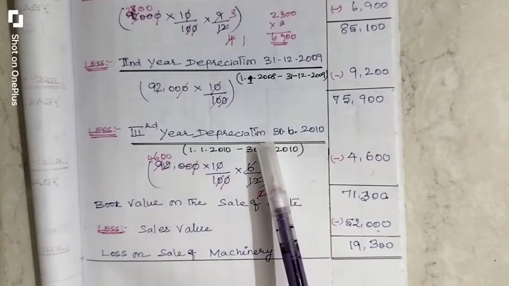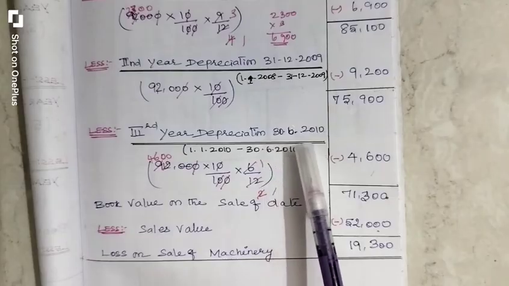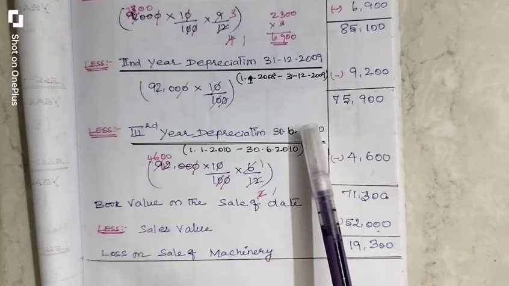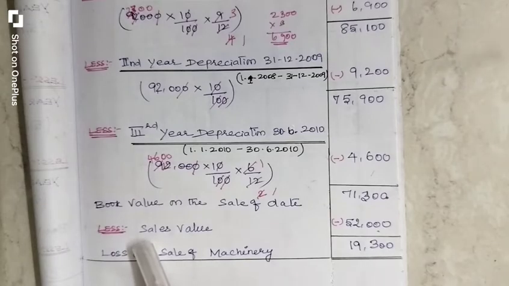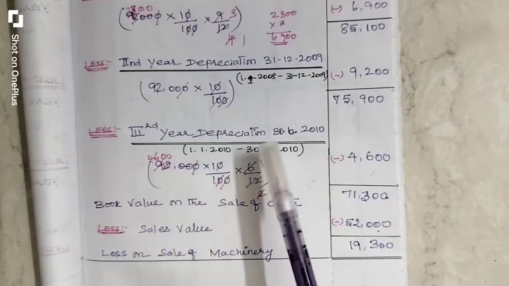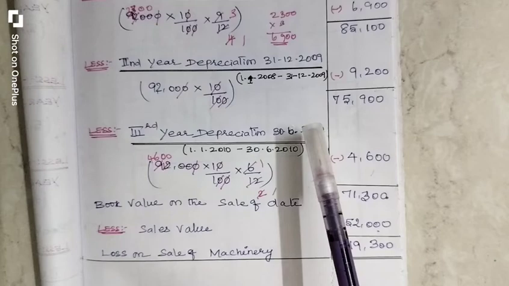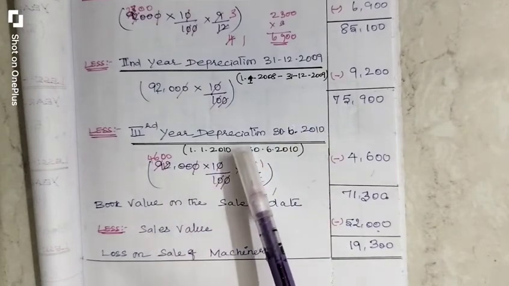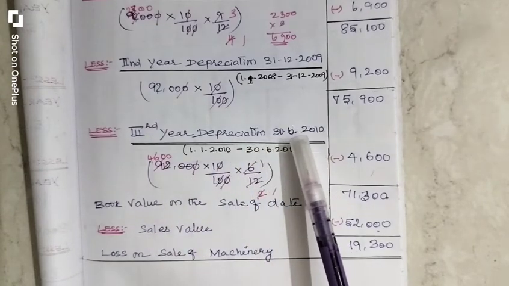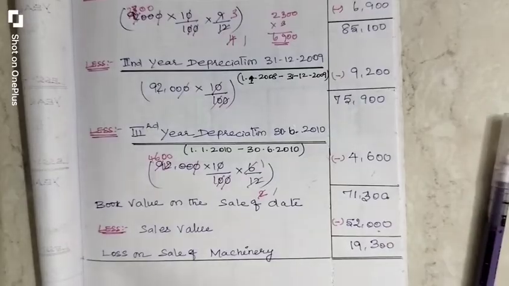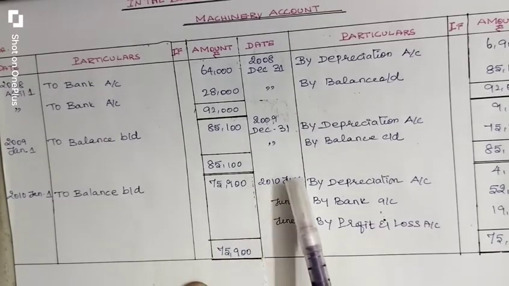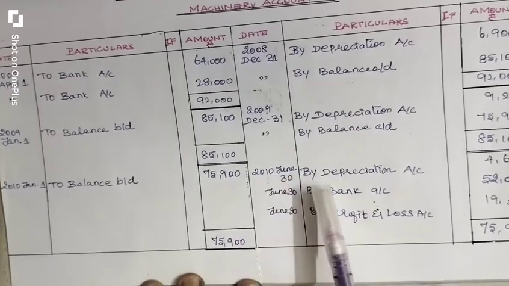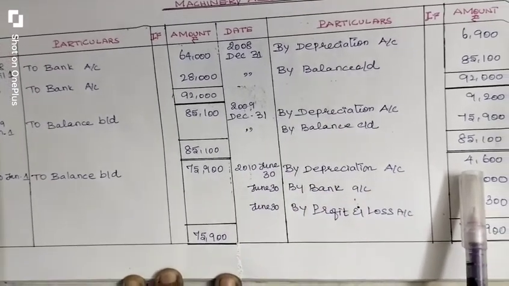Why do we take 30/6/2010? Because that is when they sold the asset. So we have calculated the depreciation value up to the same date. Okay. So for that we entered June 30, 2010 for the depreciation account rupees 4,600.